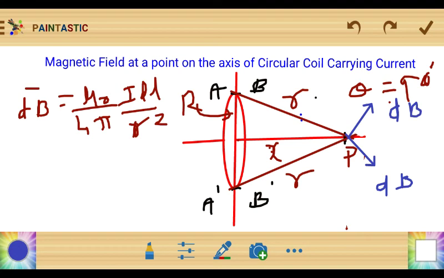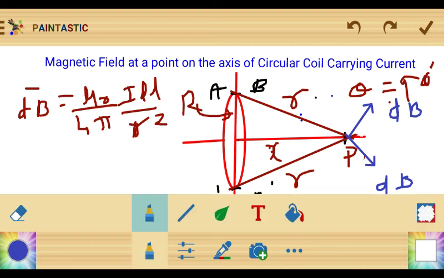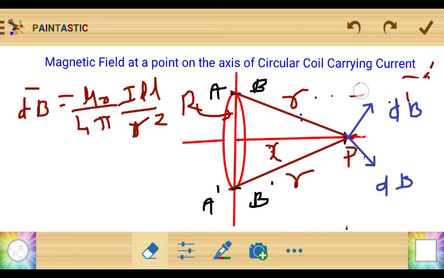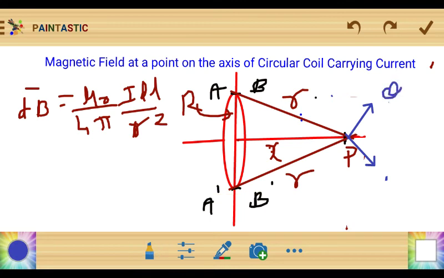Now, after getting the final value, you can see the diagram. Let's name it. Space is very less. Remember, this one is dB.